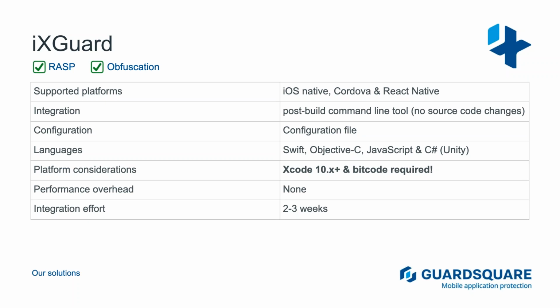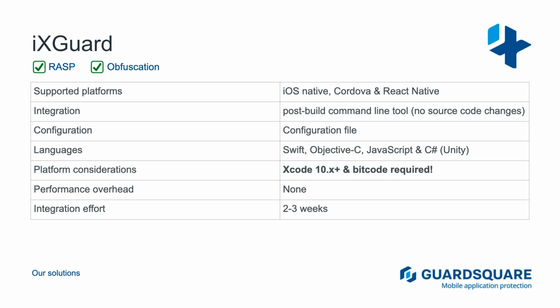Something you need to keep in mind is in order to use IXGuard, you will need to make use of Xcode 10 or later, and bitcode is required to enable it for your own source code as well as all the libraries that you use. The performance, there is no performance overhead, also no improvement because the Clang compiler is already very efficient.